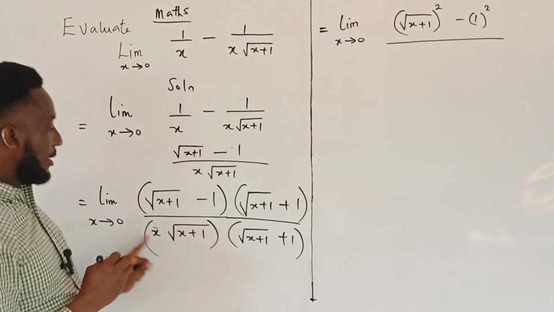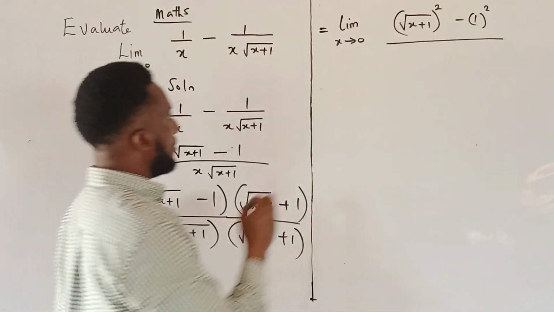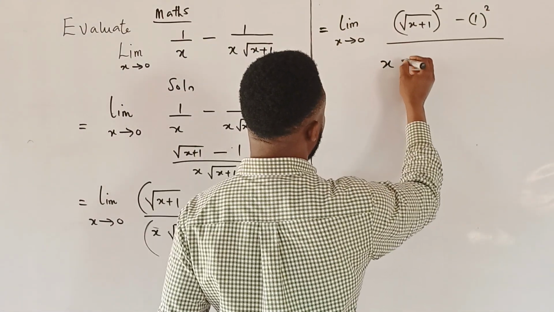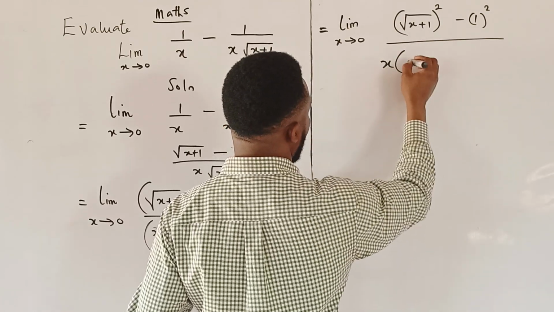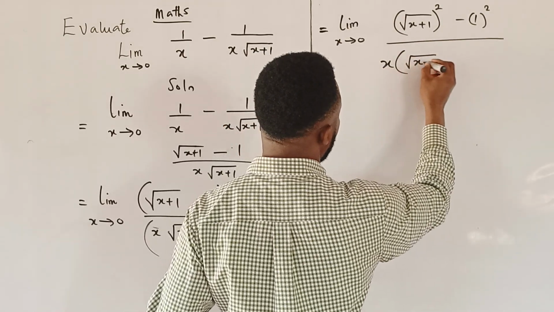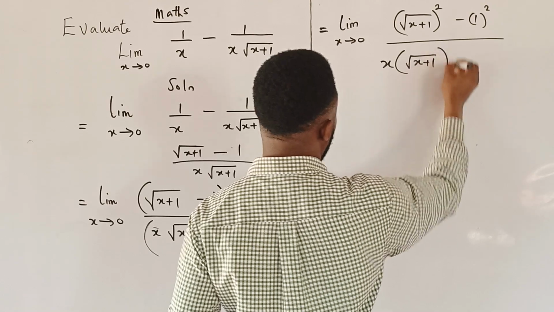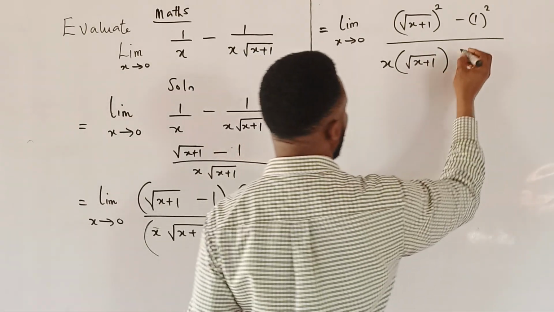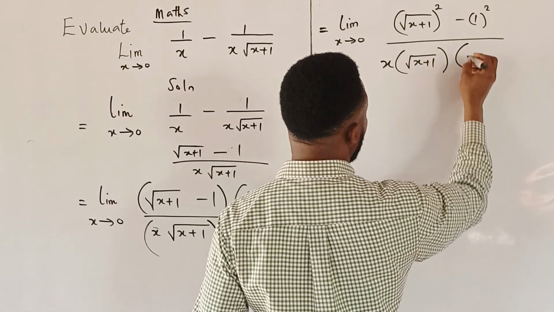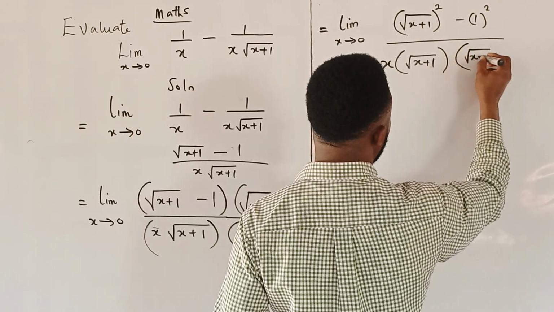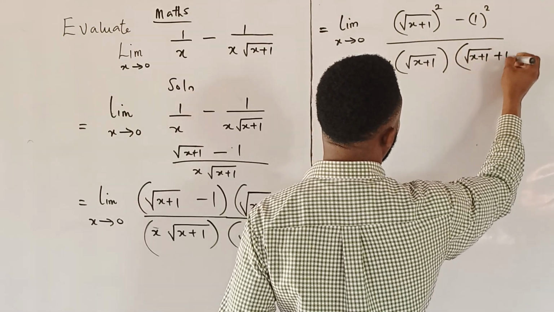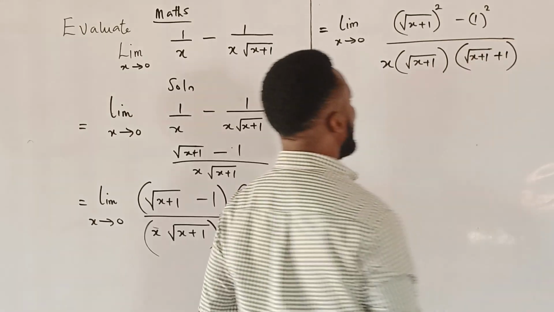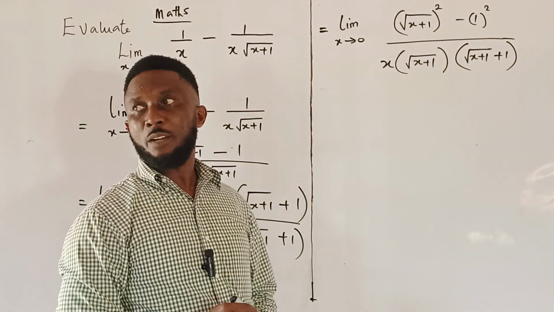Now I would love to take this s out of the parentheses. So I will take s out, open the parenthesis, write the square root of s plus 1, close the parenthesis, and open another parenthesis, the square root of s plus 1 plus 1. So this is what we have at this level.